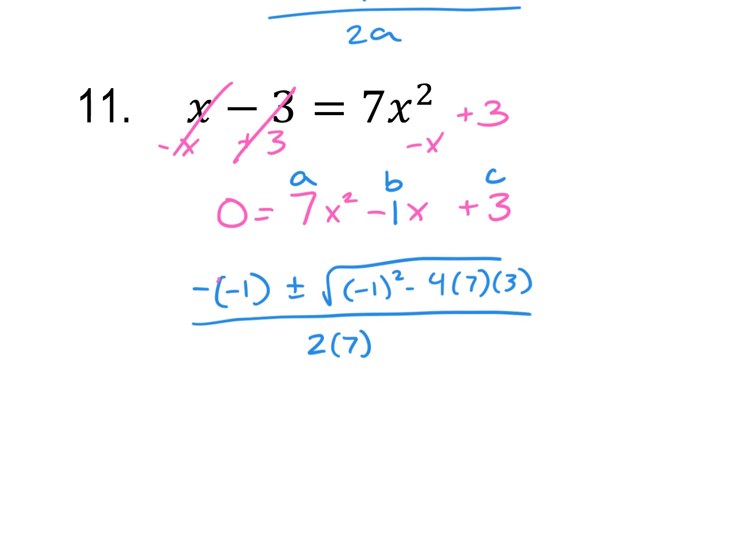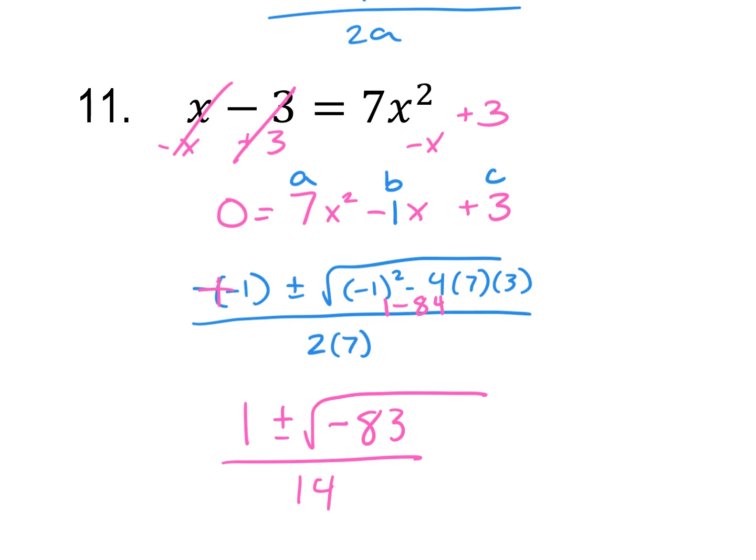Negative 1 turns into a positive 1. Negative 1 squared would be 1. Minus 4 times 7 times 3 would be what? 84. 1 minus 84 is? Negative 83 over 14.